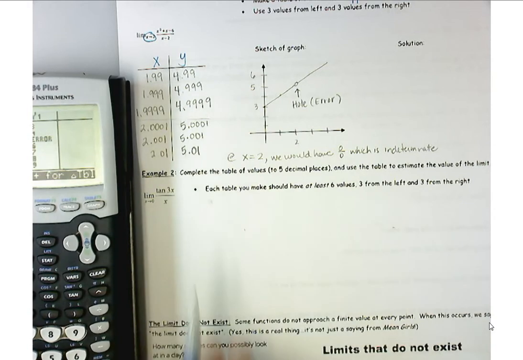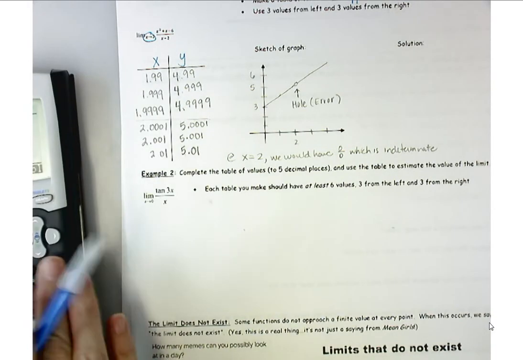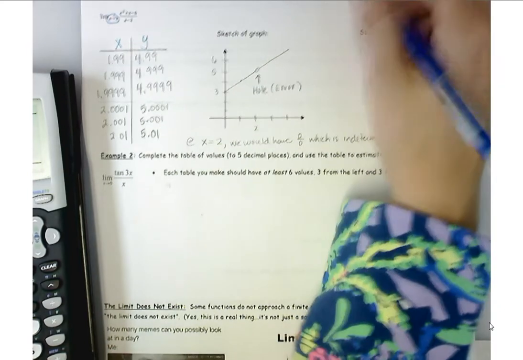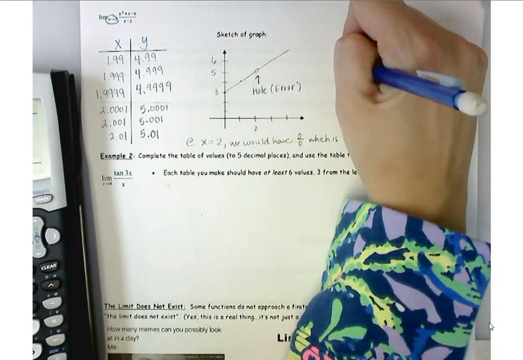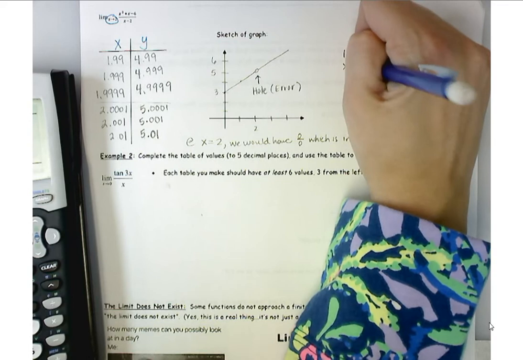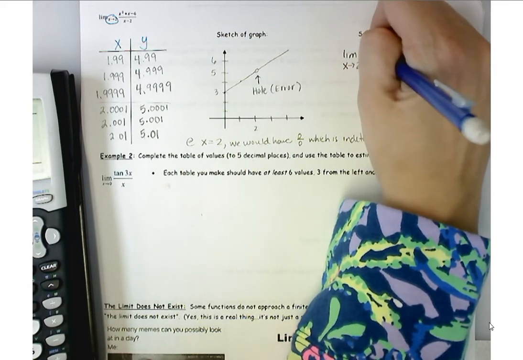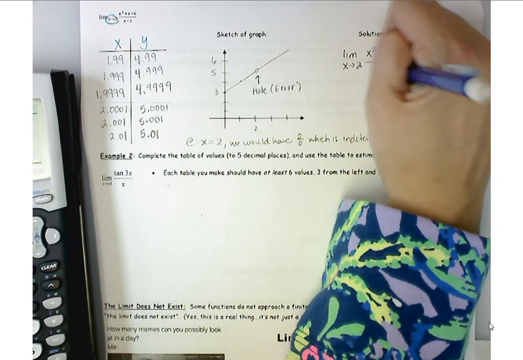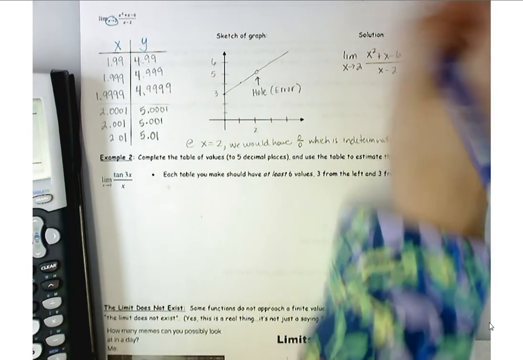So I'm sorry if that confused you, if you plugged yours in the right way and you didn't see that. And then your solution is going to be the limit as x goes to 2, x squared plus x minus 6 over x minus 2 is going to equal 5.